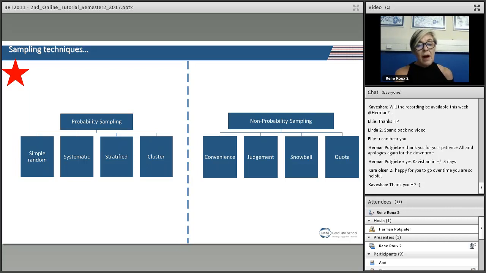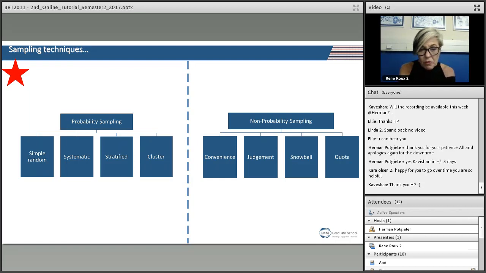Systematic is I decide up front that I want to interview 100 people, and from my sample I'm going to select every 10th person. Stratified is where you up front already decide that you want to interview a specific stratum. So you want people that meet specific criteria.